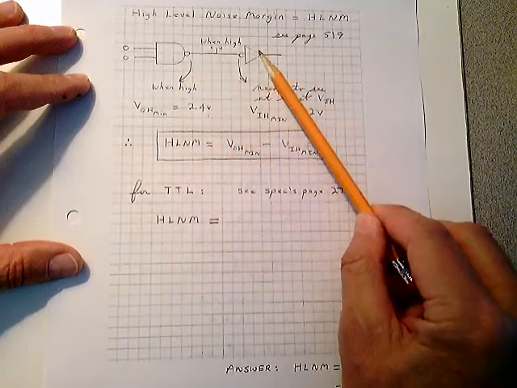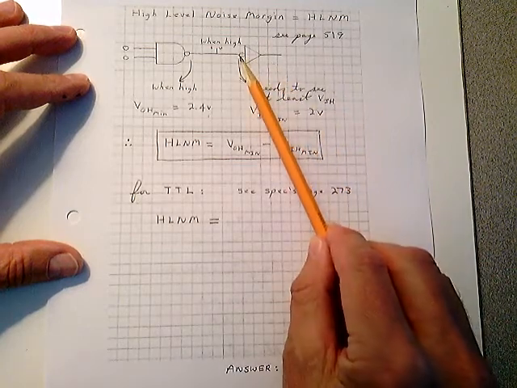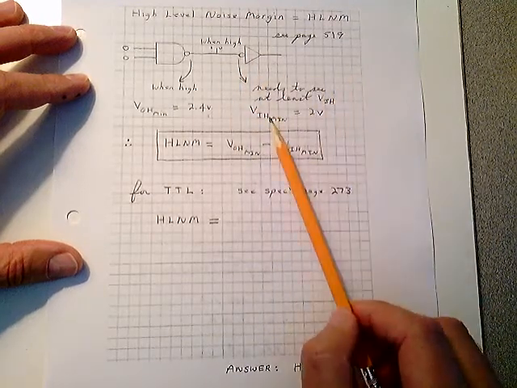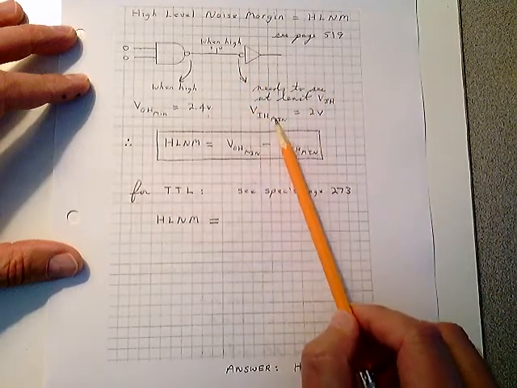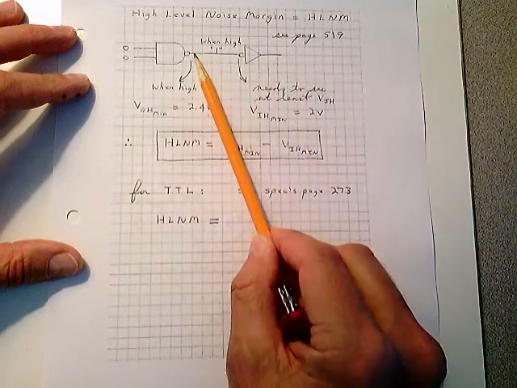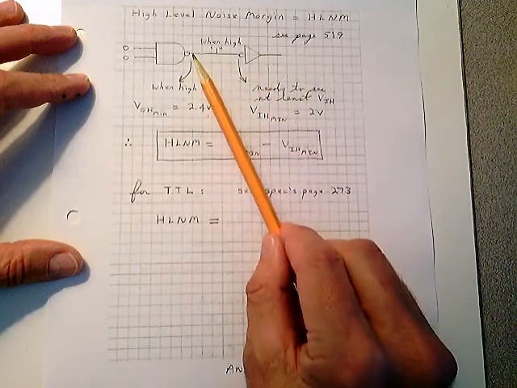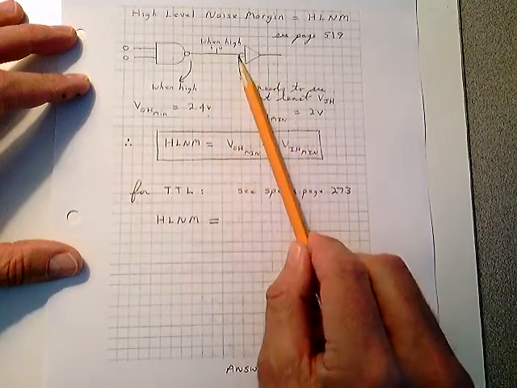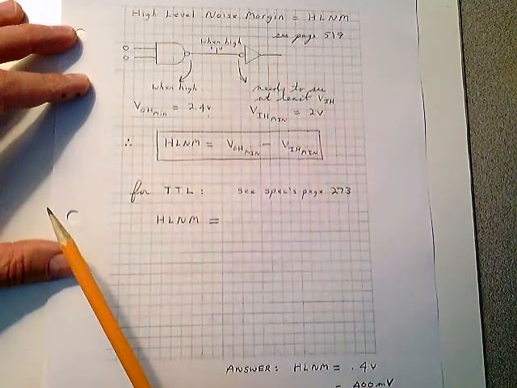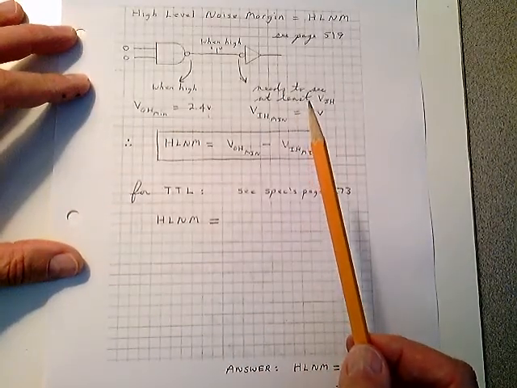This is expecting 2 volts. What does this have to see in order to see a good high in the high state? Well, the high-level input voltage minimum is 2 volts. So if this is saying this will never go below 2.4 volts, to put out a good 1, and this will recognize a good 1 clean down to 2 volts, then you have a built-in noise immunity, which means you can have noise riding on the 5-volt waveform.